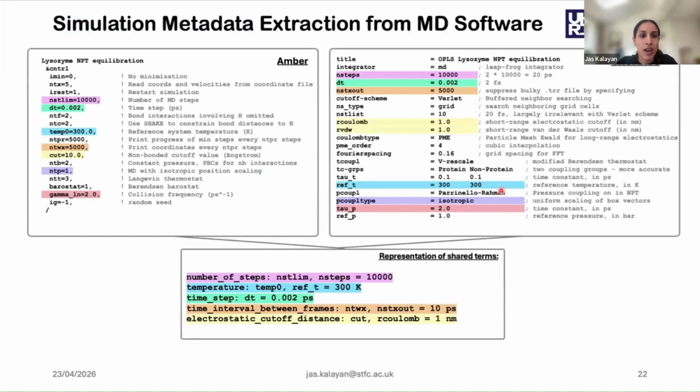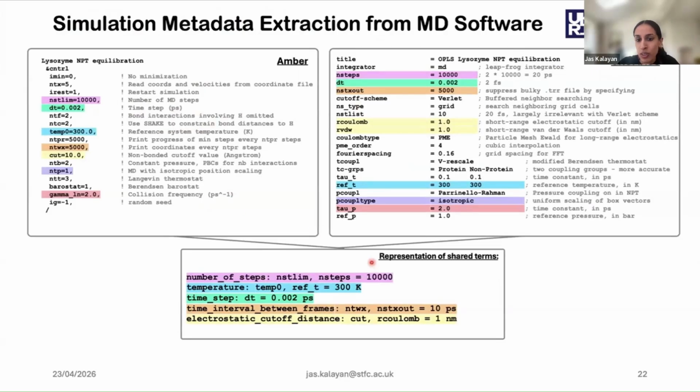For example, we have these input files for AMBER and GROMACS, and they describe terminology in different ways. Anything that's highlighted in the same color is representative of the same quantity, but described using a different term and also in some cases different units.